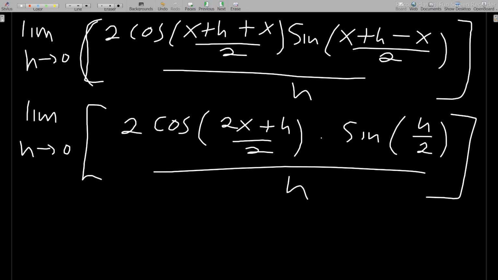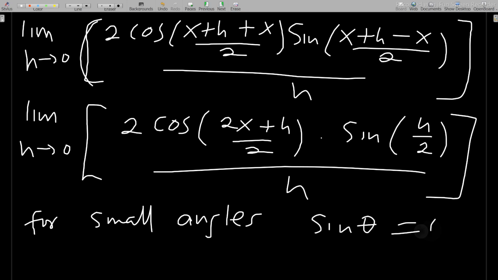Now we are saying as h is approaching 0, it means h is very, very small. For small angles in trigonometry, sine of theta is approximately equal to theta, where theta is in radians.